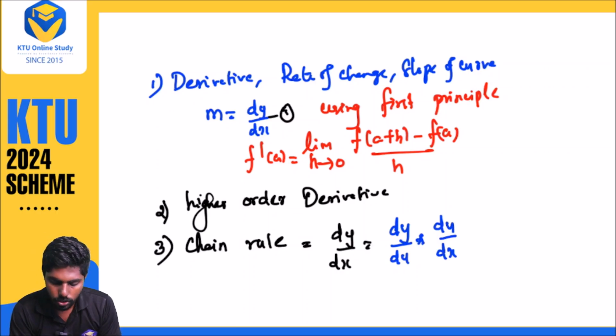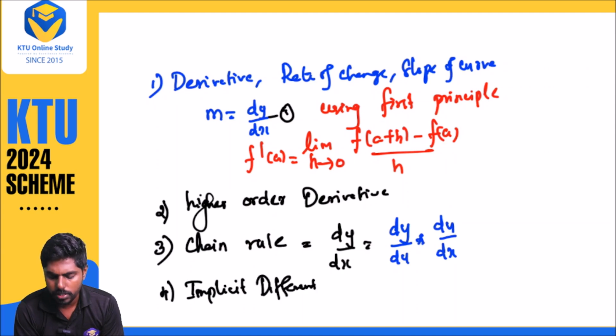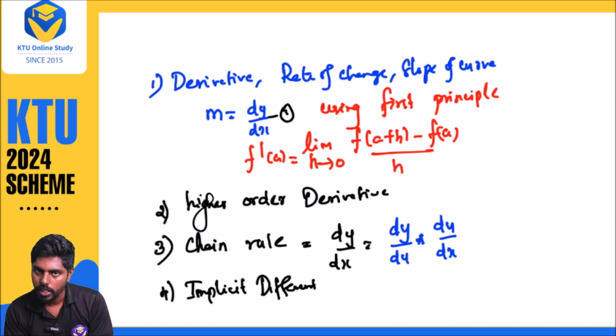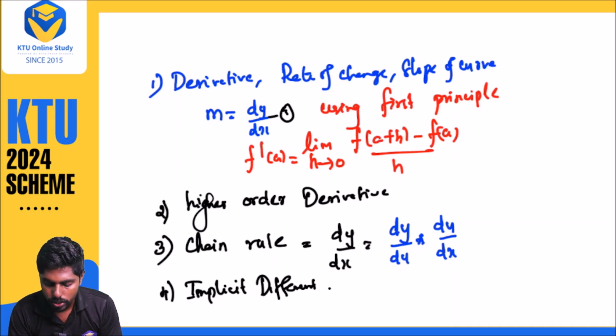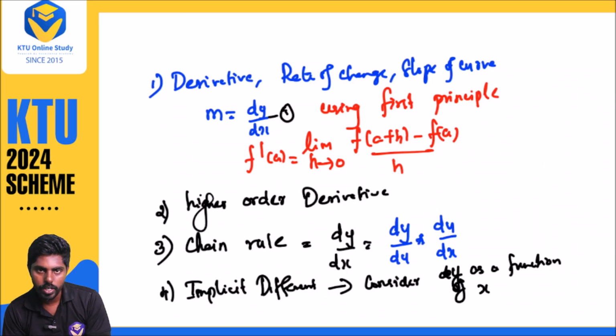Then the next topic we have covered is implicit derivative. Implicit differentiation is the same concept of derivative only. What you have to do is consider y as a function of x.